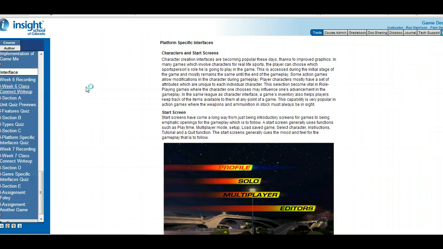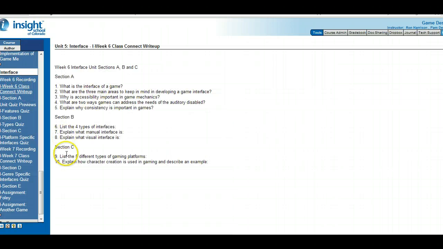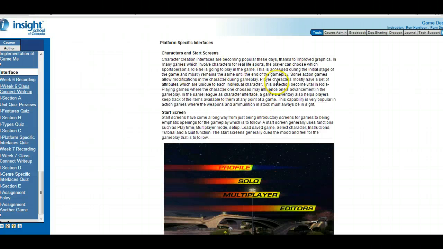And that question, the Class Connect write-up question, was to explain how character creation is used in gaming and describe an example. So character creation is used in gaming in which you can give certain attributes and qualities to your character. But I want you to give an example of a game that allows you to do that and discuss it a little bit.